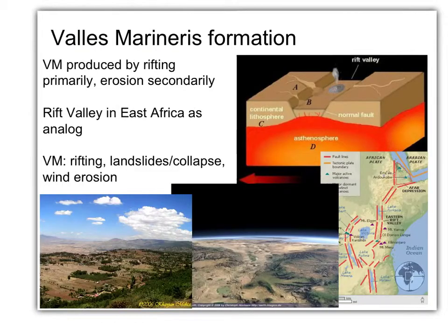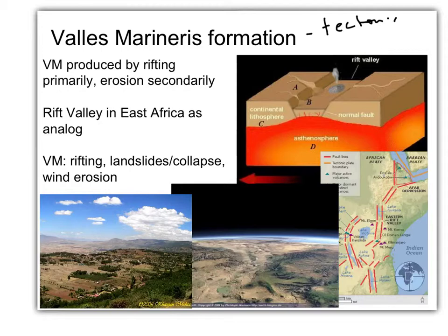Yeah. Valles Marineris is actually what's known as a rift valley. This is an example of tectonic activity. So essentially there has been a pulling apart of the sides of Valles Marineris, which has caused the center mass to subside.